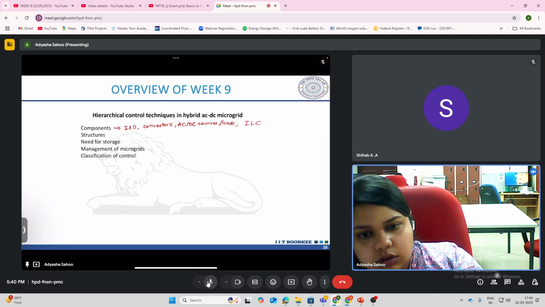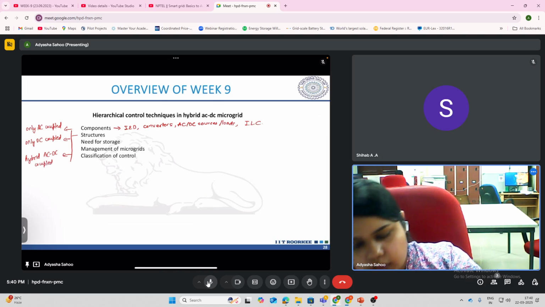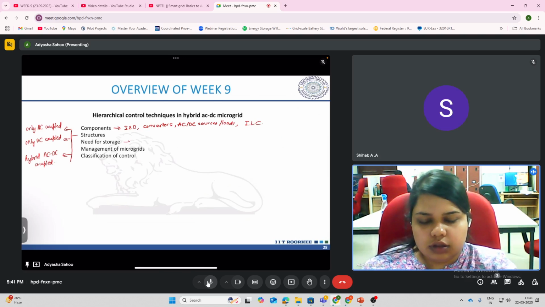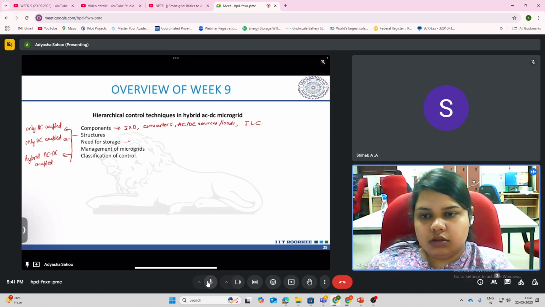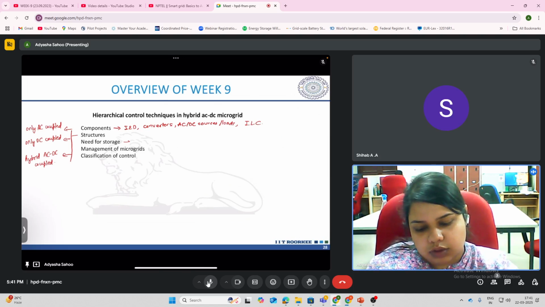Now, depending upon the application, we had three structures: only AC coupled, or only DC coupled, or a hybrid AC-DC coupled. Then we also saw the need for storage in this type of microgrid, to handle the intermittencies of the renewables.